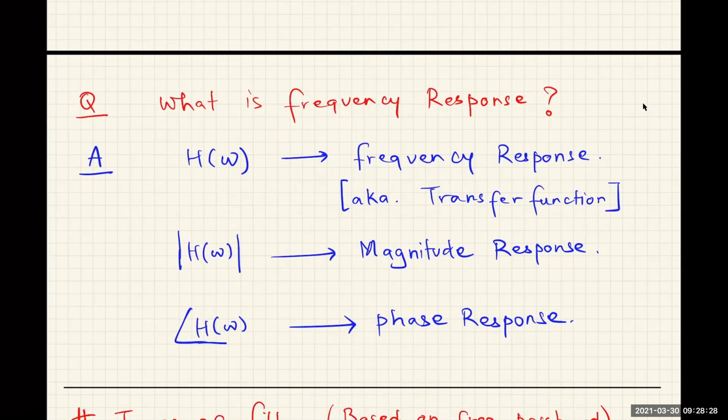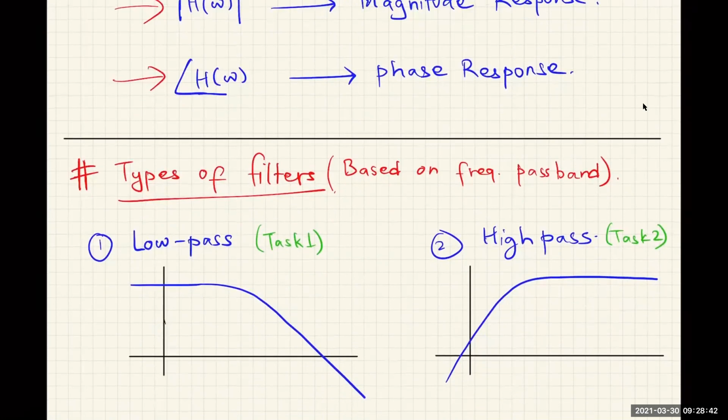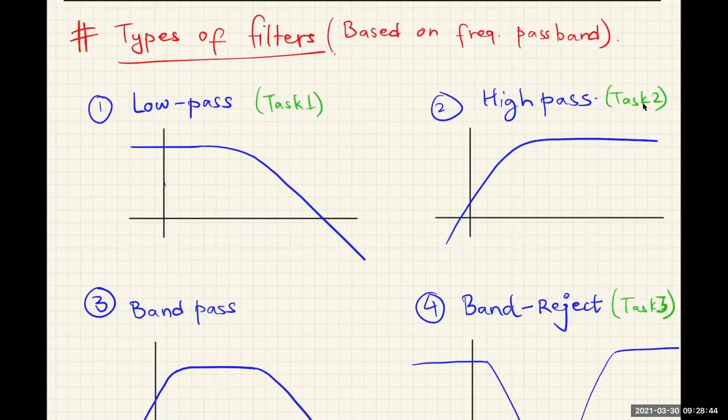And if someone tells you to plot the frequency response, then you just make both of these plots. Okay, a magnitude response and phase response. It's just the plot of the transfer function itself.